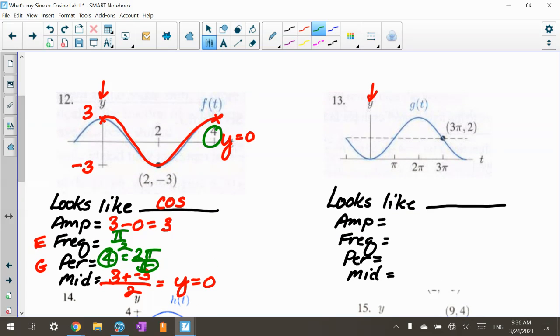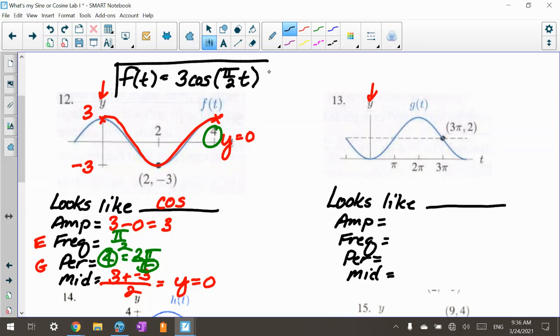The only thing that's not going to be in there is your period, so you're going to say f of t, or you could have said y, equals, first of all, your amplitude, then your trig function, cosine, parentheses, your frequency, then your variable, and your variable in this case, I covered it up, is a t. Please make sure you do that. And since I did not raise it up at all, that's going to be it. That's going to be the equation of this graph, which I love doing.